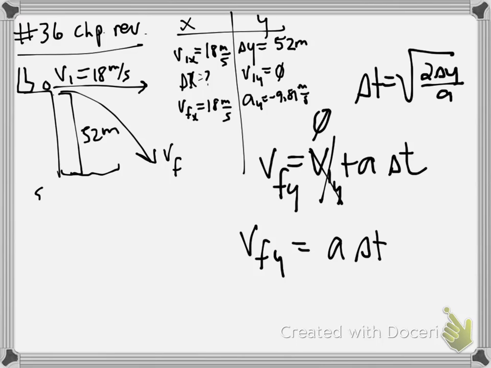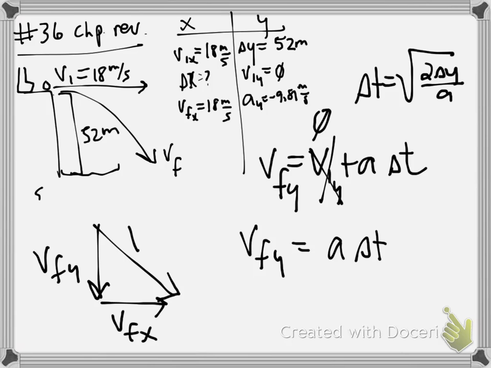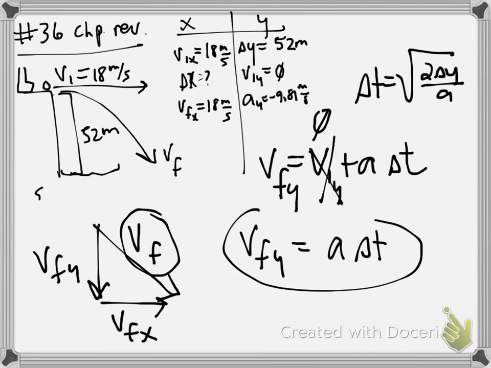Well, now, if we have VFY and we have VFX, can you find VF? It's Pythagoras. So it's A squared plus B squared equals C squared. Can you do this part?